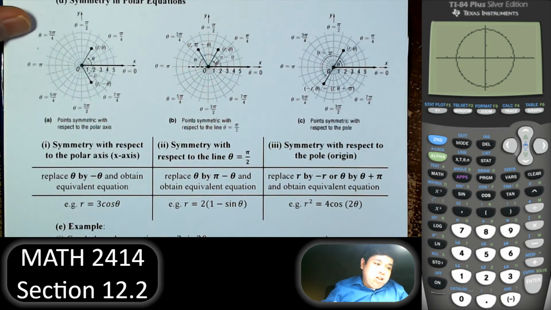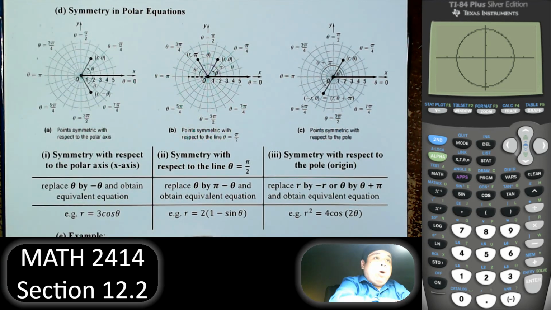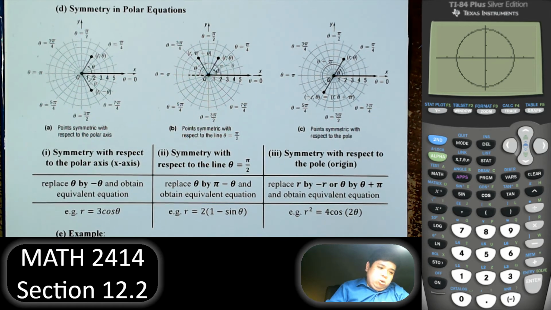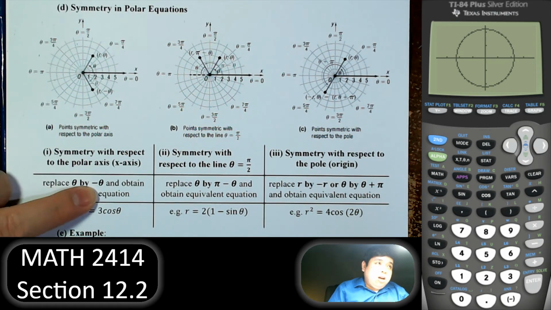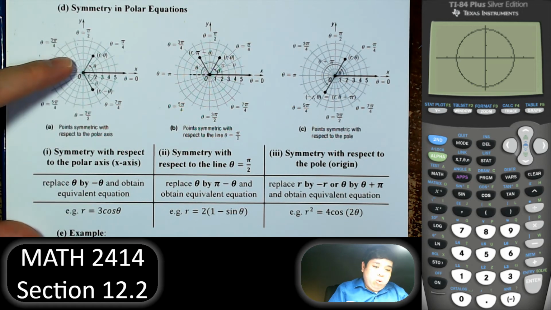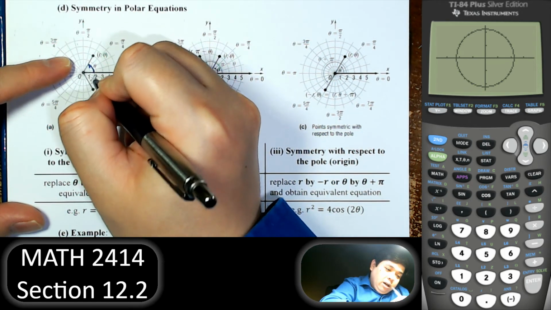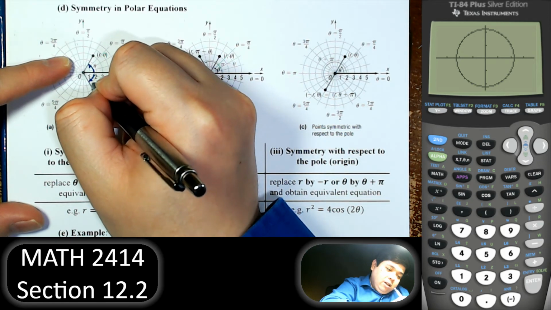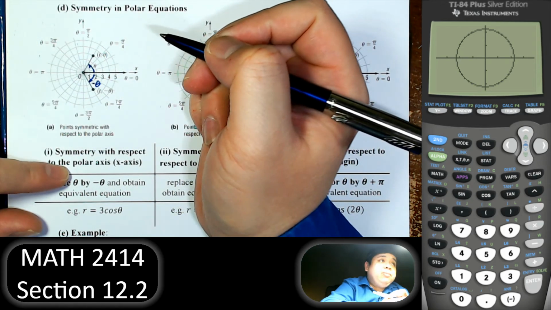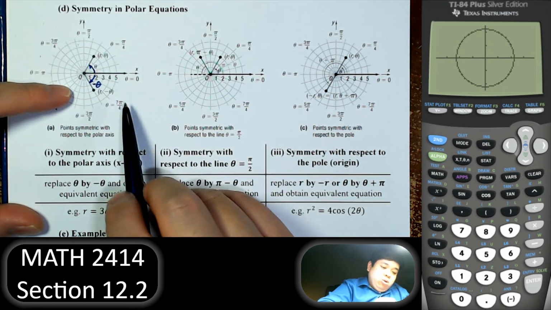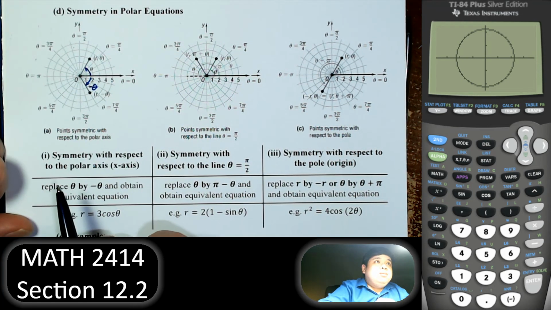Right. Next we have symmetry in polar equations. By the way, you should see this in pre-calculus and trigonometry already, so we just go over it quickly. If we replace theta by negative theta and we have the same equation, then if we have a point at theta or negative theta, those points will be symmetric about the polar axis.